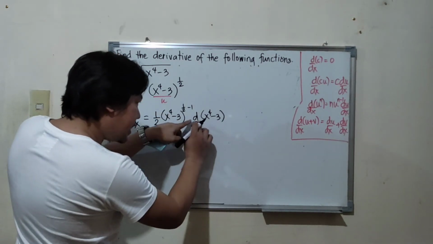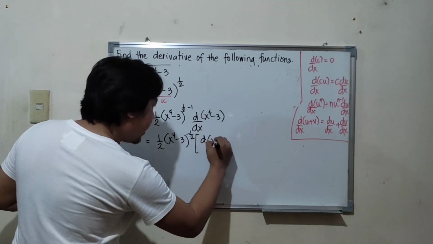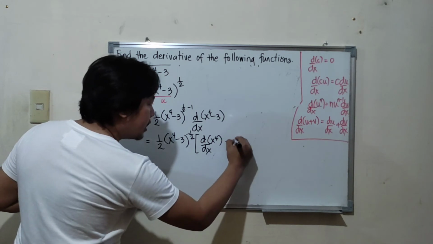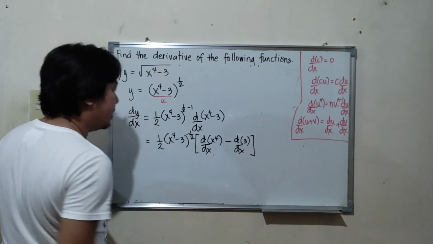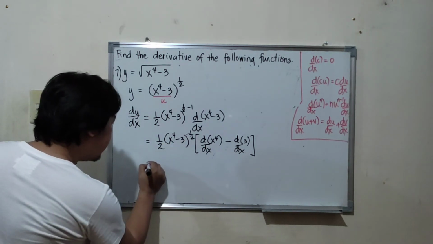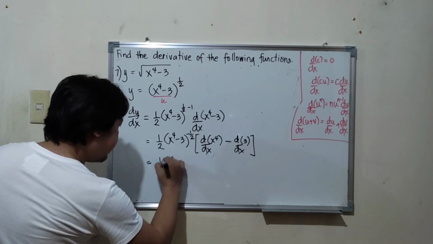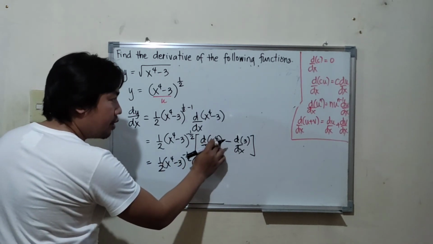Then, to distribute the derivative, we have derivative of x to the fourth with respect to x minus derivative of 3 with respect to x. Okay? So, simplify this. We have 1 half x to the fourth minus 3 raised to negative 1 half times derivative of x to the fourth.